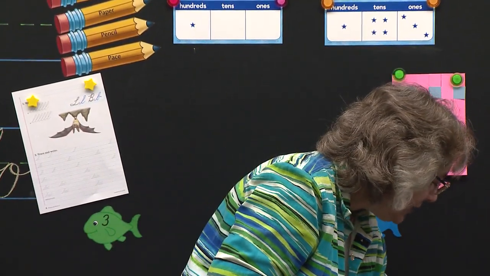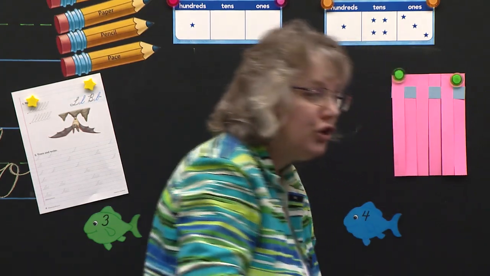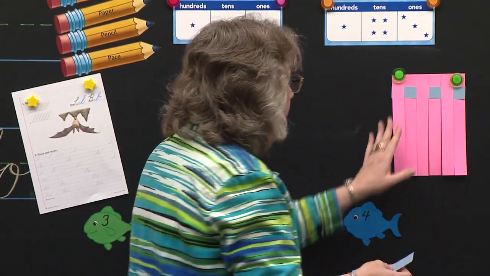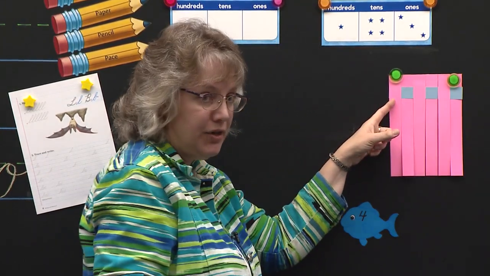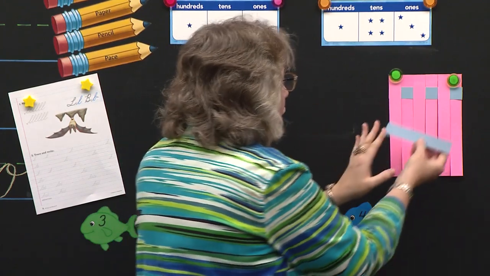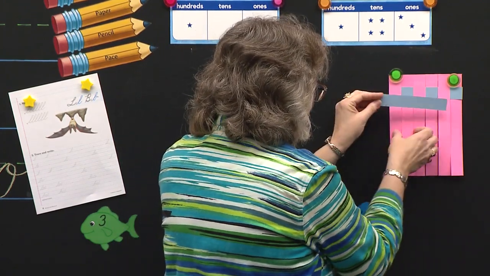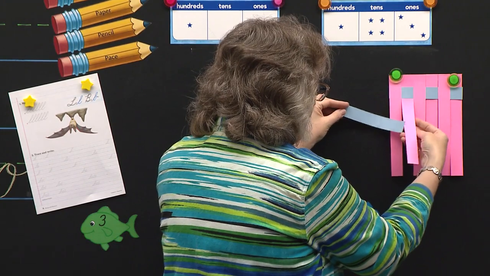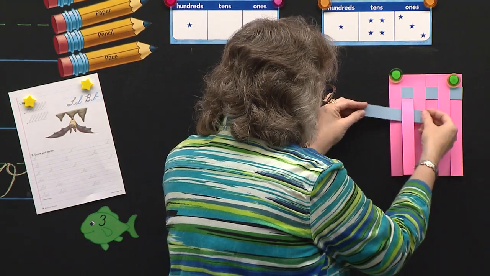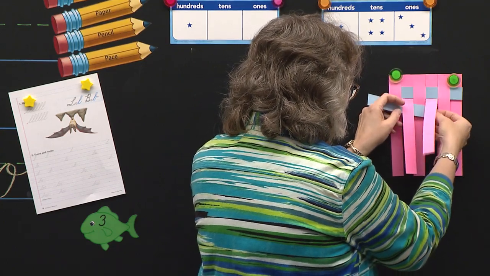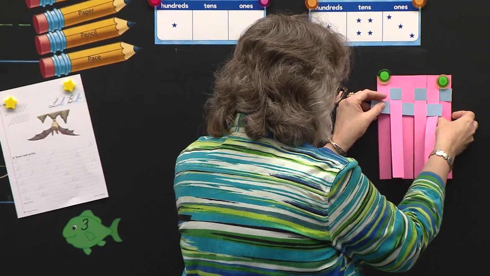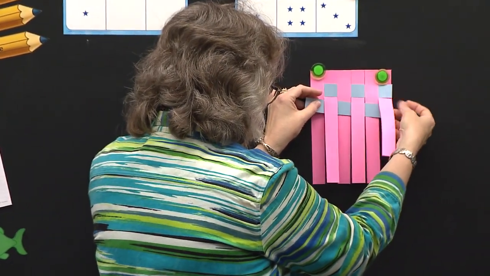Now, the next strip, you're going to do the opposite. So, right here on the left-hand side, I started under. Now I'm going to go on top. So I got to go on top of that one, then under, over, under, over, and under.